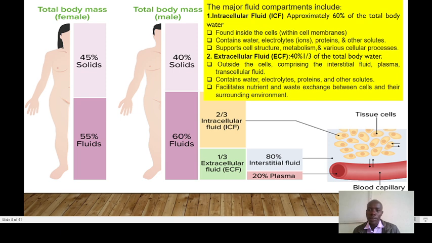But all this fluid is normally found in different fluid compartments. We have two major fluid compartments. The fluids could either be in the intracellular space or the extracellular space. Based on gender, maybe 55 or 60%, out of that percentage almost 60% will be water.